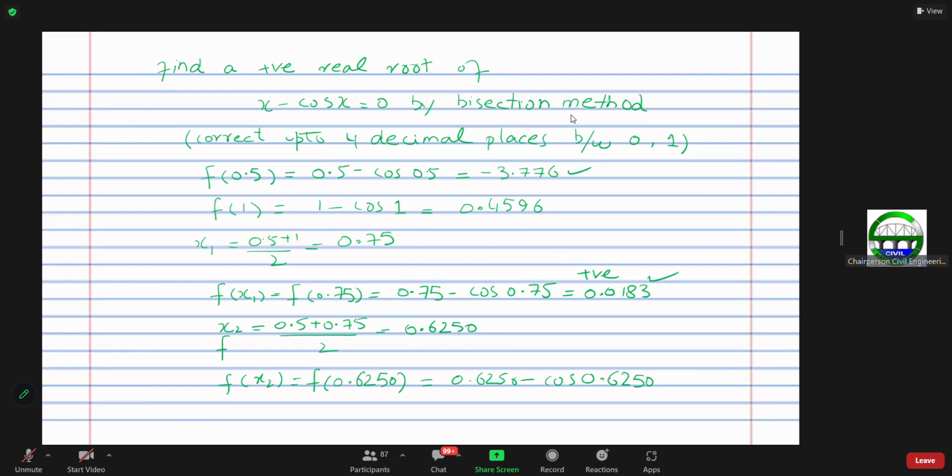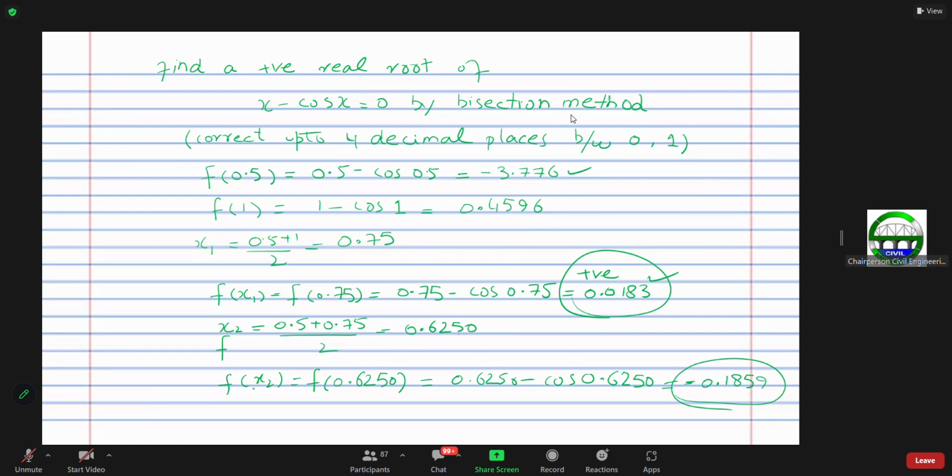Let me find the answer. It is minus 0.1859. So this is negative, and this one was positive.